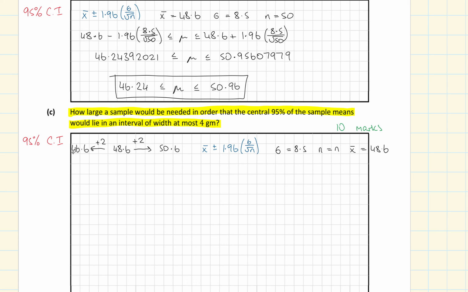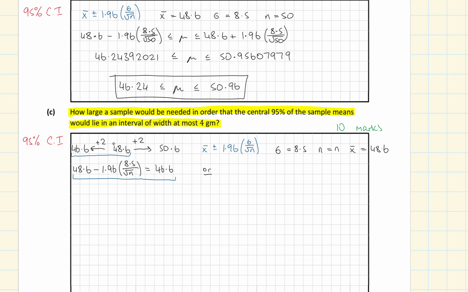Okay, so for this first, the interval on the left, we'll color code that blue. We'll get 48.6 minus 1.96 times 8.5 over root n would equal 46.6. There's my blue.